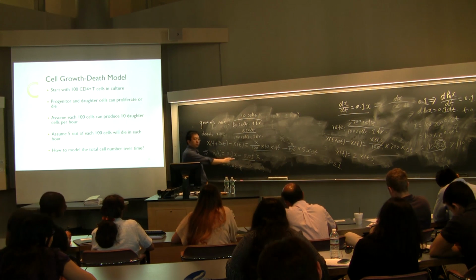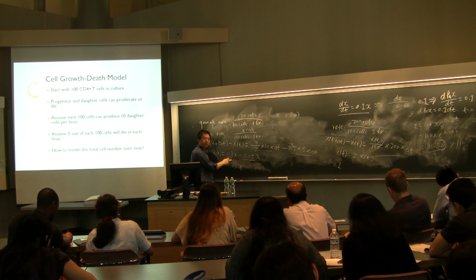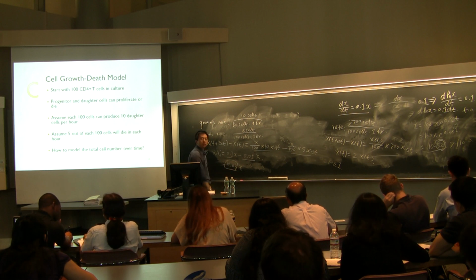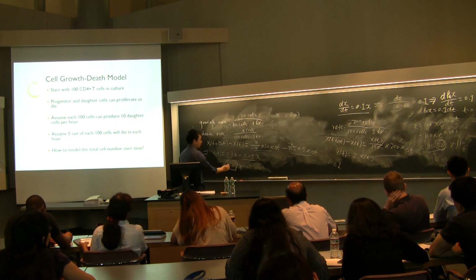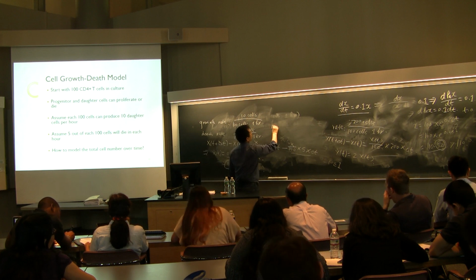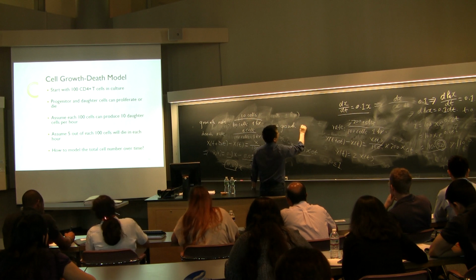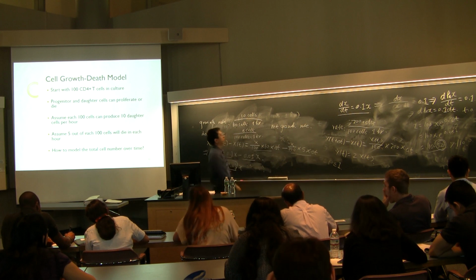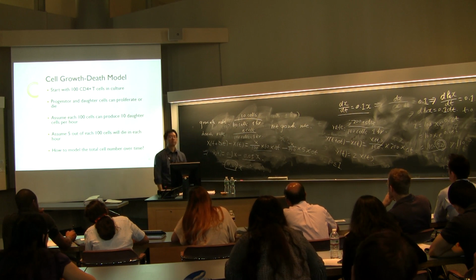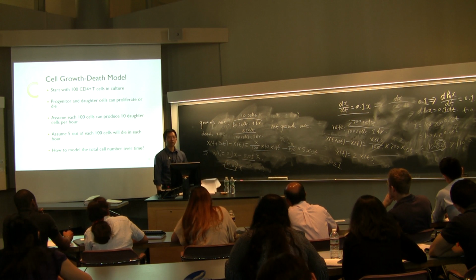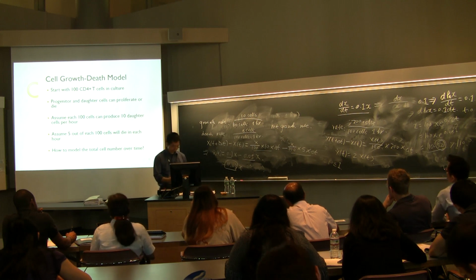After I subtract the death rate from the growth rate, this is called the net growth rate. It has a name.